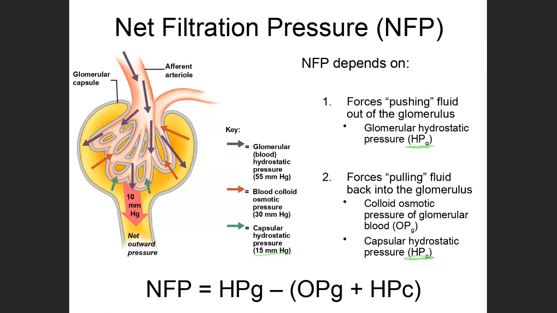So here's my very, very simplified representation of the actual glomerulus: the blood vessel through which blood is going to move and be filtered. I'm going to change the color to make this easier to differentiate, and then draw in the glomerular capsule, a picture very similar to the one you already see here, so that we can represent what's going on with this colloid osmotic pressure.